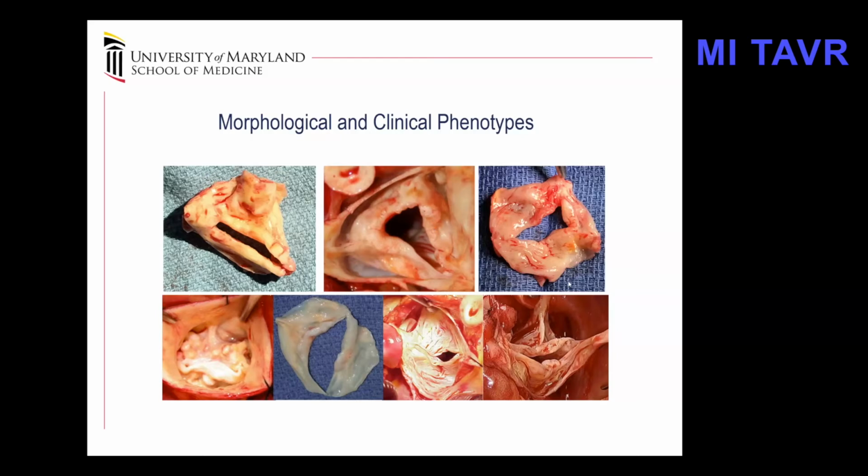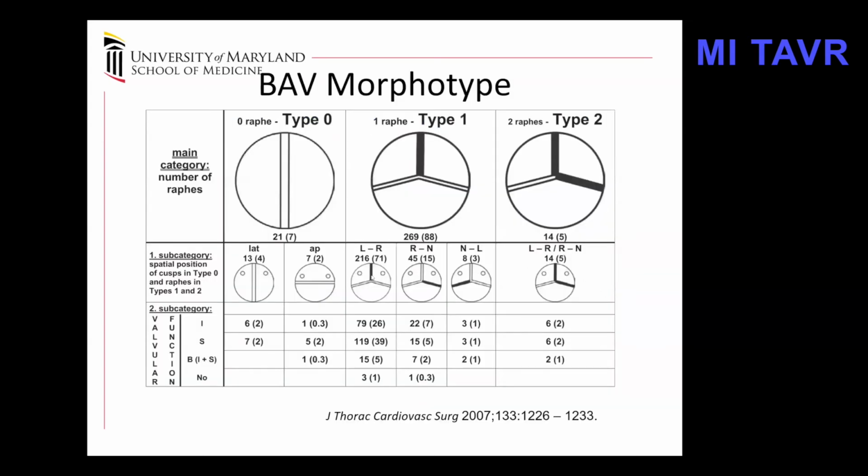The bicuspid disease, as everyone knows on this call, of course, comes in many forms and many shapes and sizes, and we're going to talk about some of that. What's interesting is there's been a fair amount of debate on establishing a nomenclature. I think some of this debate is somewhat silly because most groups around the world do adopt the use of the Sievers classification system that he first described in 2007.